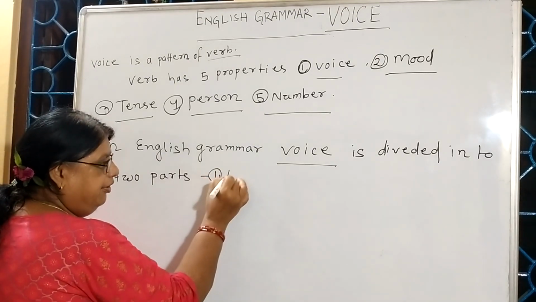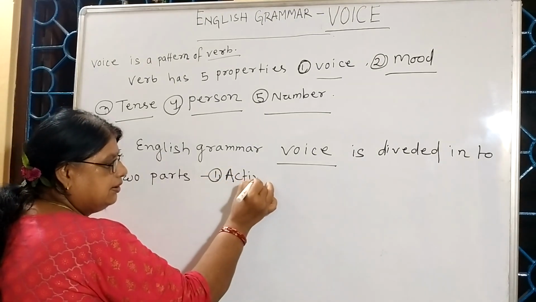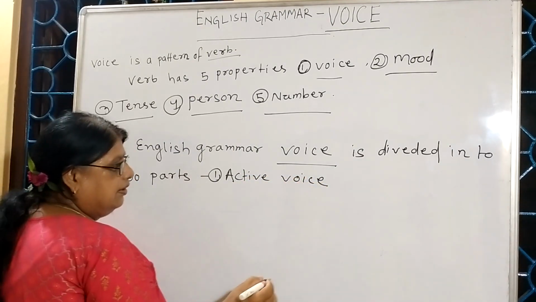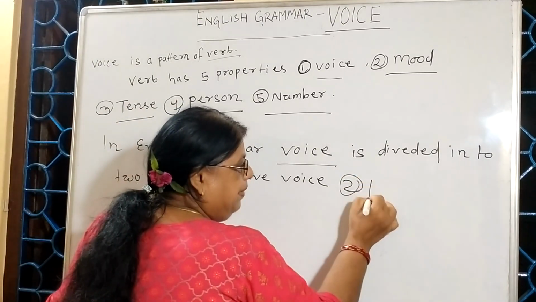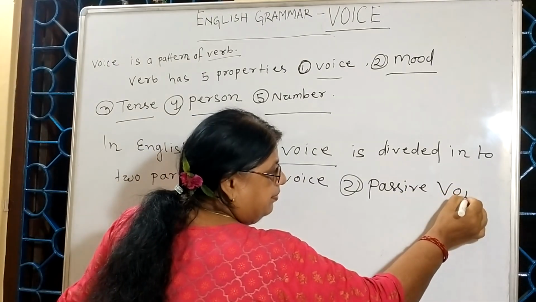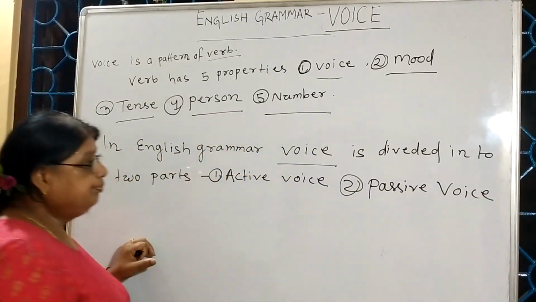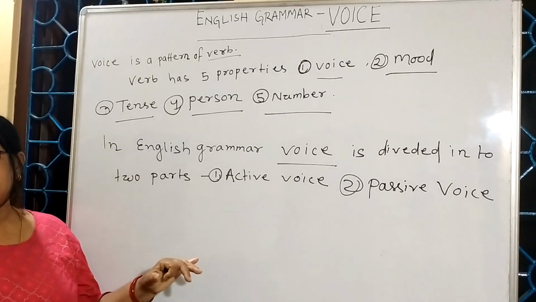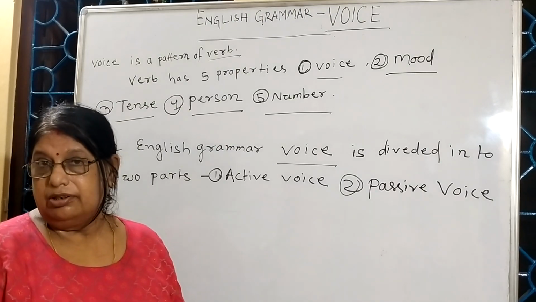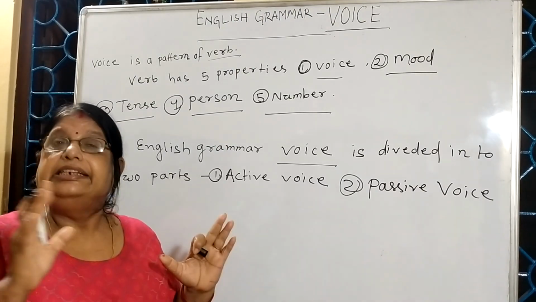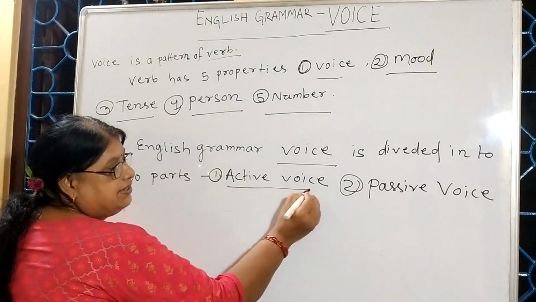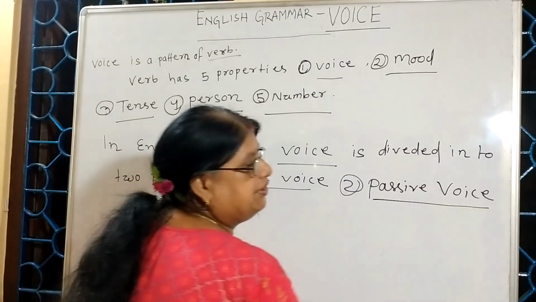One is active voice, second is passive voice. So in English grammar, this particular one of the properties of verb, voice, is divided into 2 parts. One is called active voice, another is called passive voice.